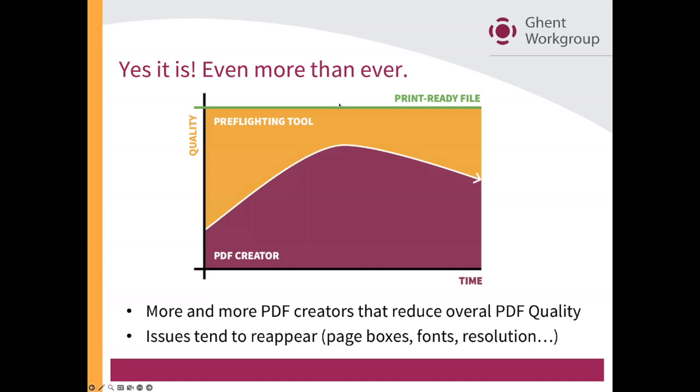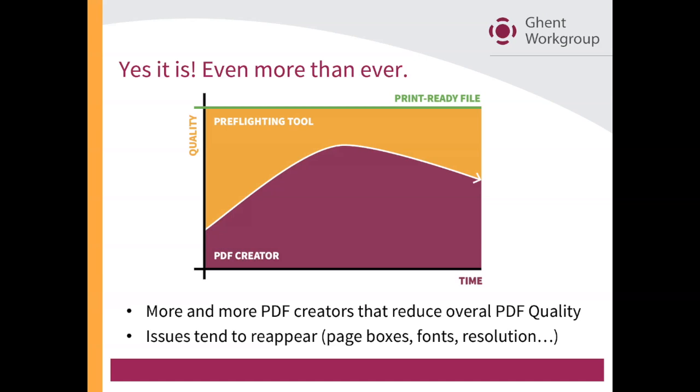And then everything was fine until a few years ago, when we have seen this huge explosion of many PDF creators, mostly online, that somehow created not-so-great PDF files when it comes to printing. For displaying on screen, that's perfect.